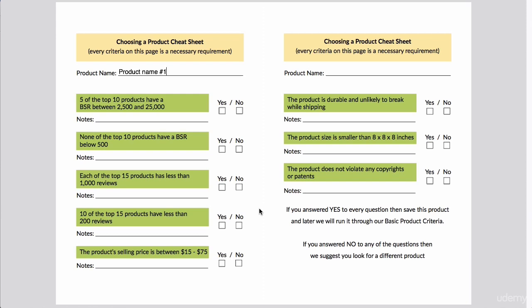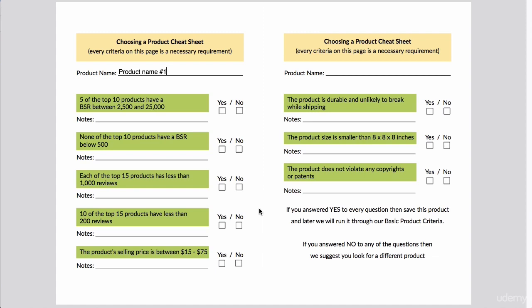And on the other end of the spectrum, products with a very high BSR may not have a lot of competition, but they're also not selling very well. So we're looking for products that fall in that sweet spot in the middle, where they're having enough sales volume that we can make money if we were to sell a product there, but they're not too competitive where it's going to be very hard for us to compete with other people.